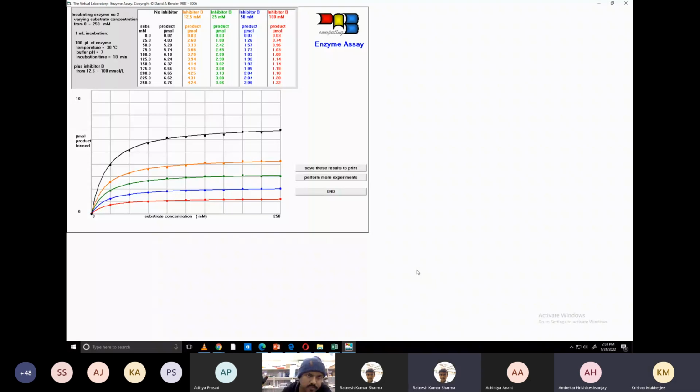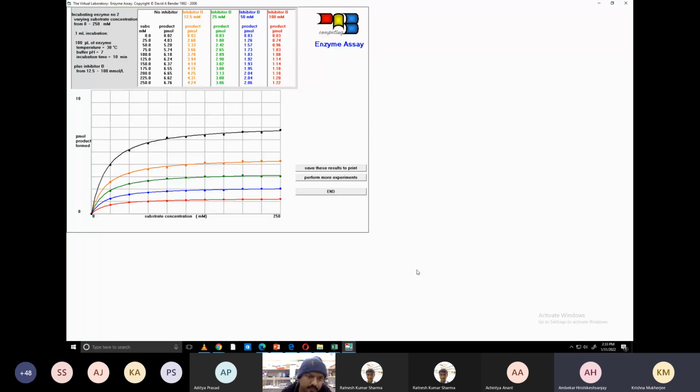Okay, sir. I will try to see again. You are doing something wrong. If the V versus S data is different, then the other plots will also be different, whether you do 1 by V versus 1 by S, their slopes will change. So why are you asking this question? The data here is different.